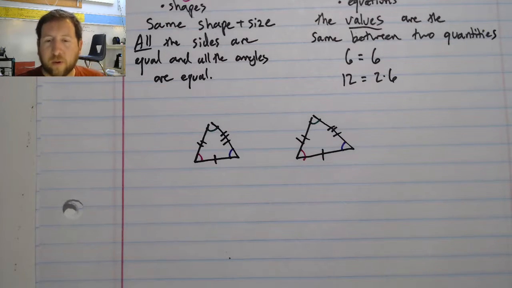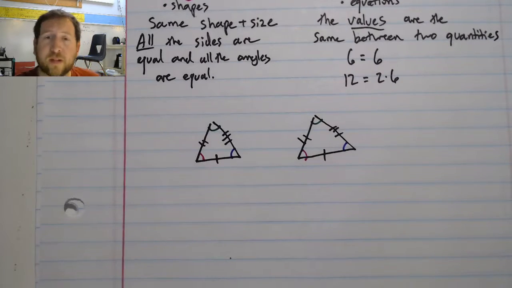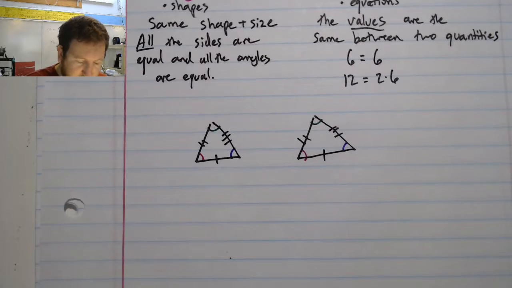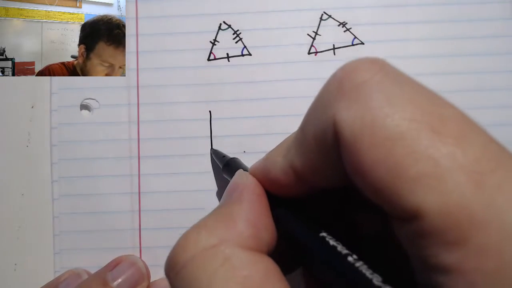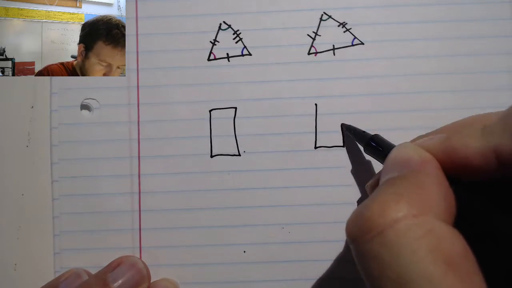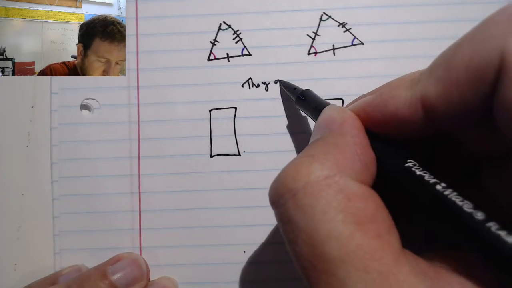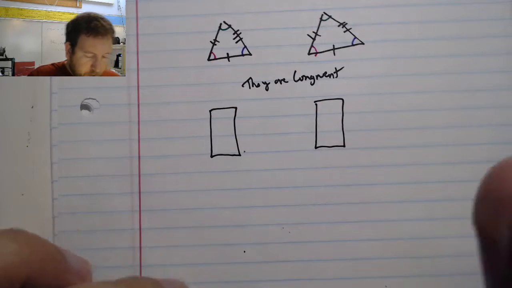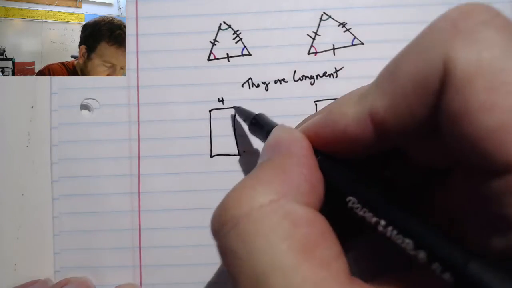So, what's the point? Why do we care? Well, here's what we can do once we can prove that two things are congruent. For example, say I have two rectangles. They are congruent. And I know that this side is 4.